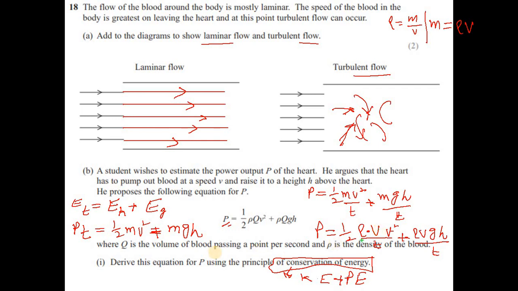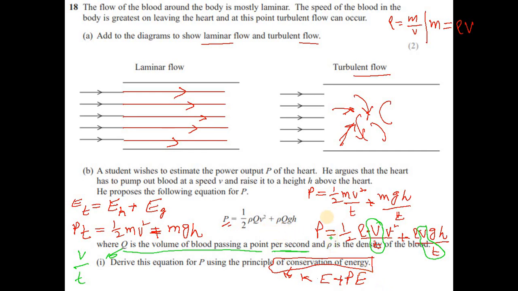And as per given condition, Q is the volume passing per second. That means Q is in fact V by t, volume per unit time. So you can replace this V by t and this V by t with the Q. So your final equation becomes P is equal to half rho Q V square plus rho Q gh. This is your required equation.